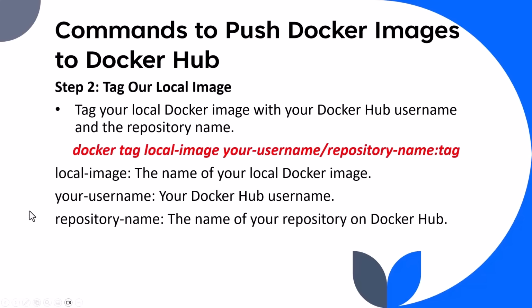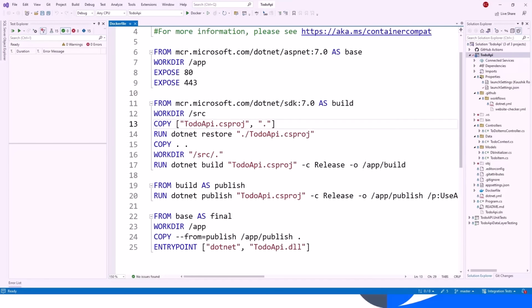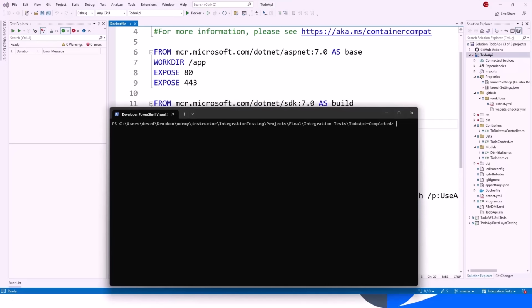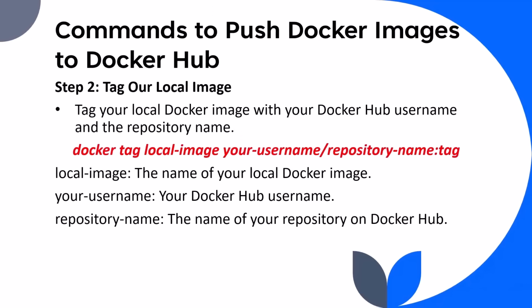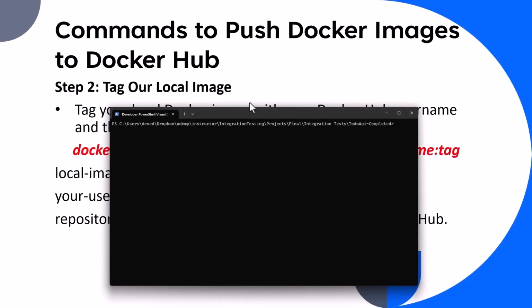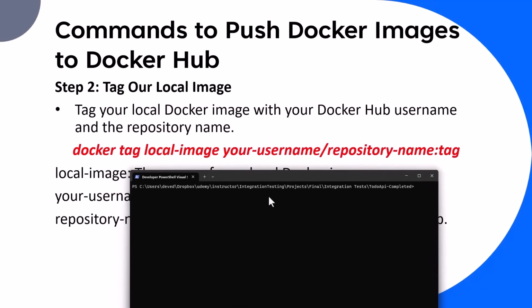So let's run this docker tag. So let me switch over to Visual Studio and to the command prompt, and it's better that I put it side by side, and bring the command prompt over here so that we can see what we are doing. Docker tag.